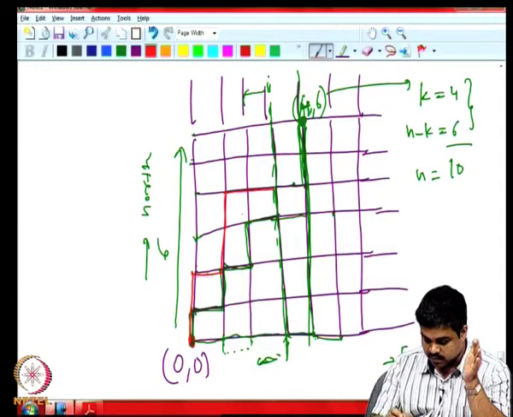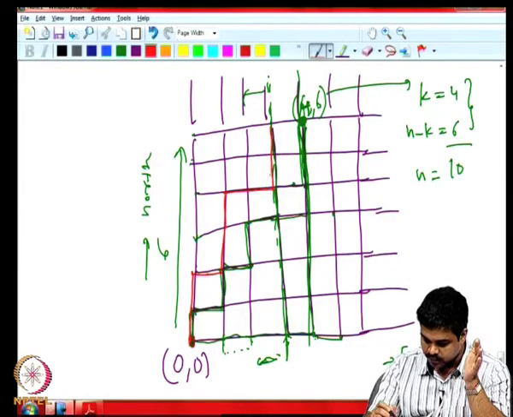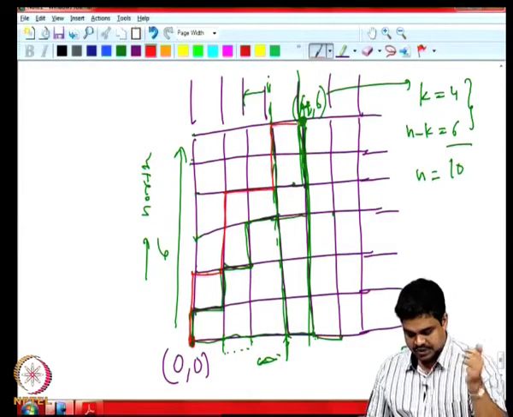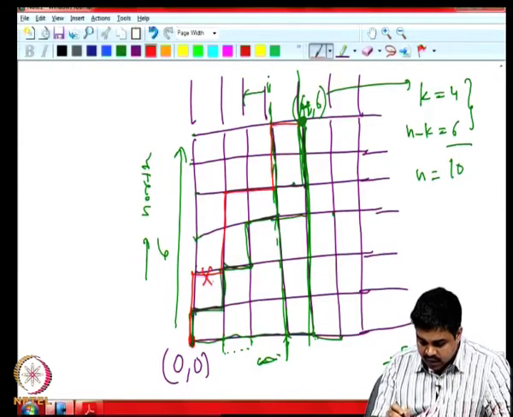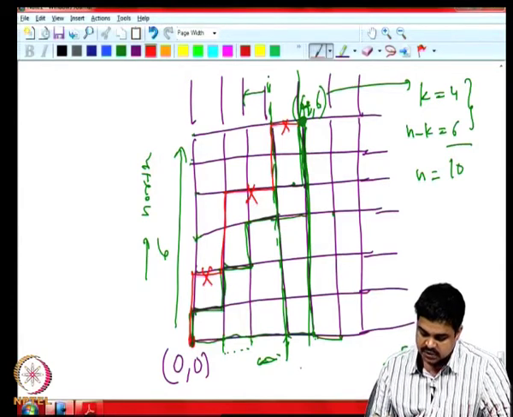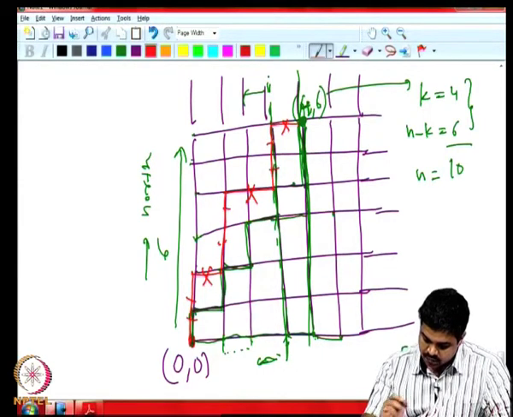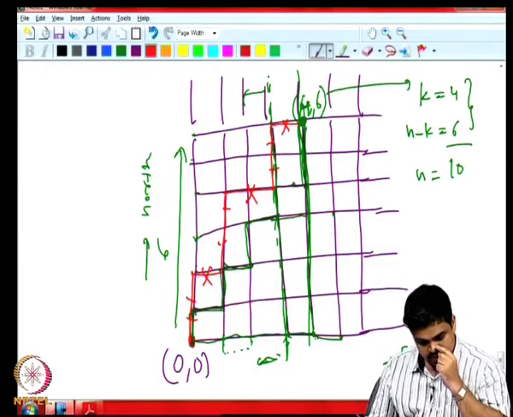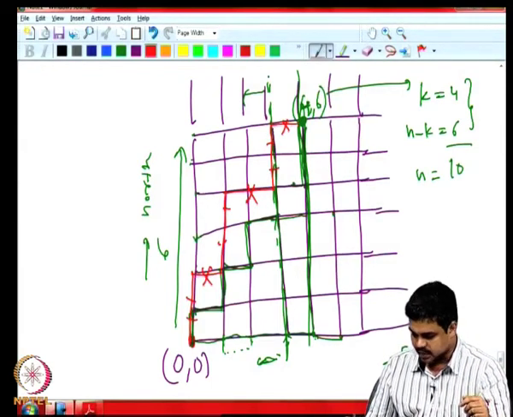So, I have finished 1 plus 2, 3 kilometers, 1 more kilometer, but here 2 plus 2, 4, and another 2 here, then I will reach there. But in whichever way, I should have taken a total of 4 kilometers eastwards somewhere. Similarly, I should have taken 6 northward units at some point of time.